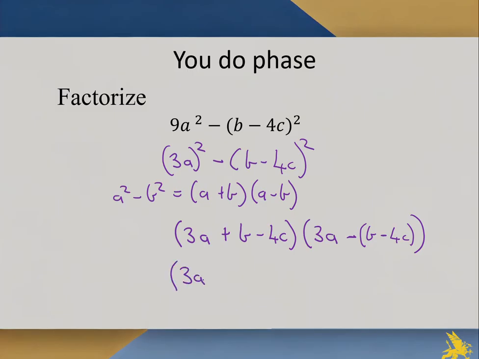If you can do it in one step, by all means go for it. But small mistakes will lose you marks, and it's important to focus on being as accurate as possible, and sometimes that does mean doing extra steps. So the next bracket is we've got 3a, and this will be a negative b, and negative is a positive, so it'll be plus 4c.